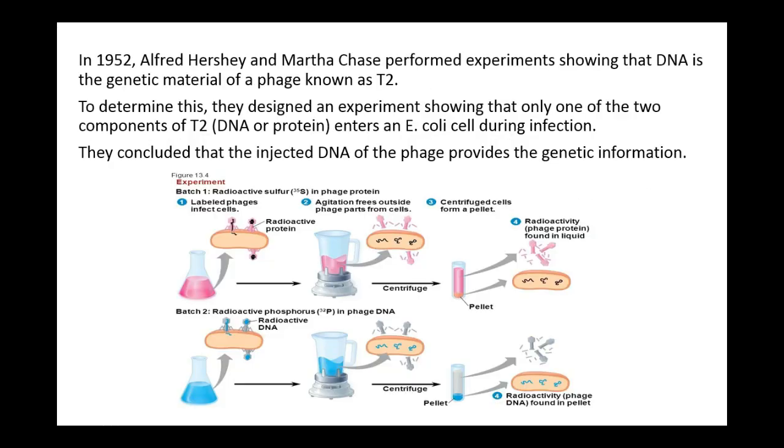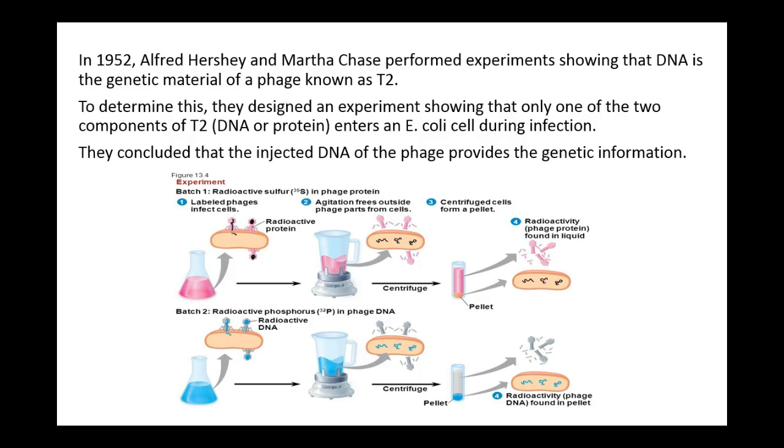So what they did in 52, we've moved on to 52, Hershey and Chase, they actually performed experiments by using what's known as a T2 phage. They used radioactive protein on the capsid on the outside, and radioactive DNA on the inside.